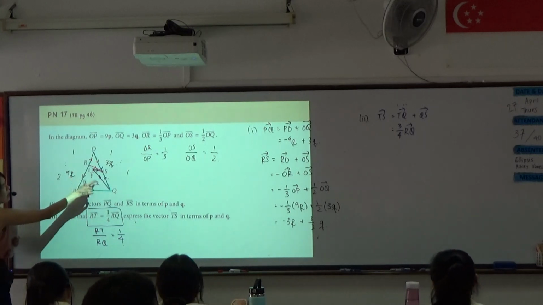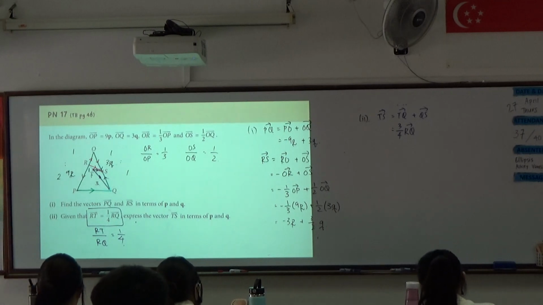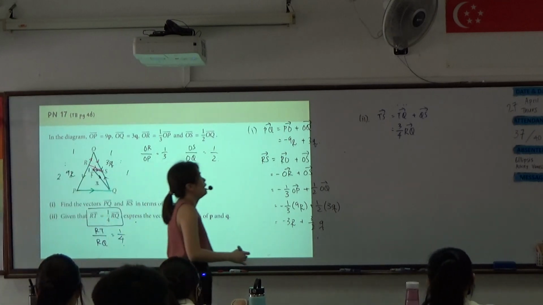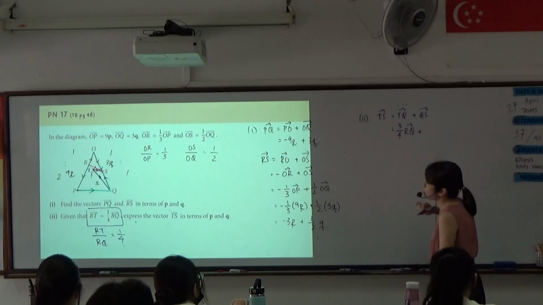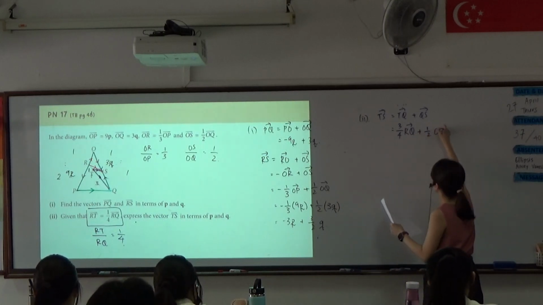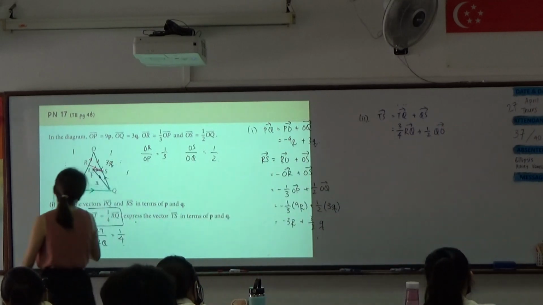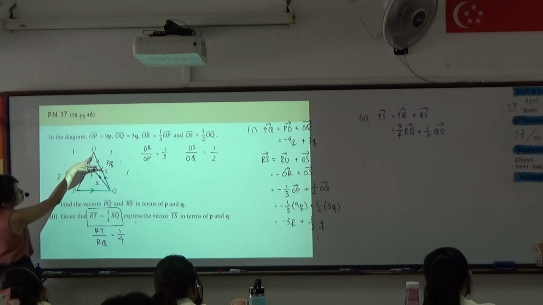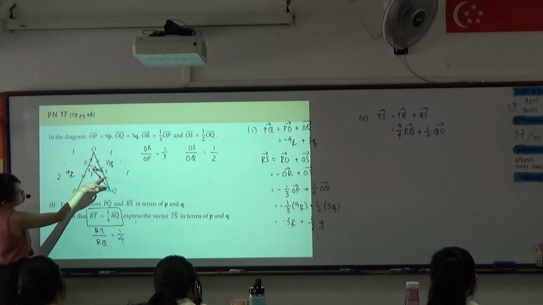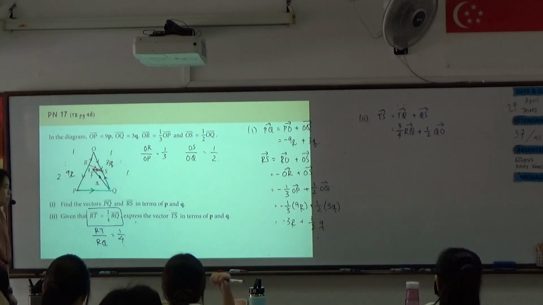So 3 out of 4 of the entire RQ. And then your QS is actually half of QO. Because we mentioned that this is 1 unit, this is 1 unit. So QS itself will be half of the entire QO.